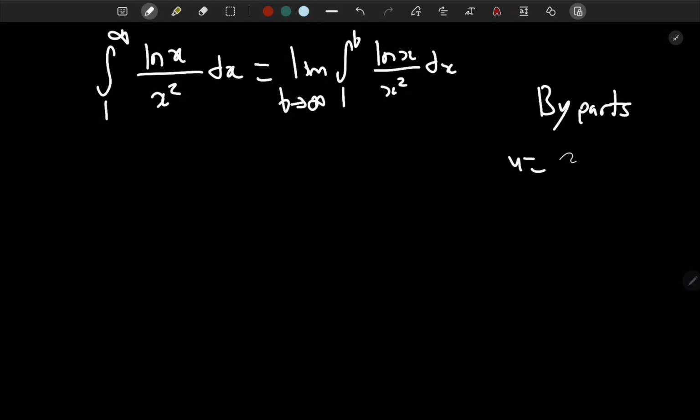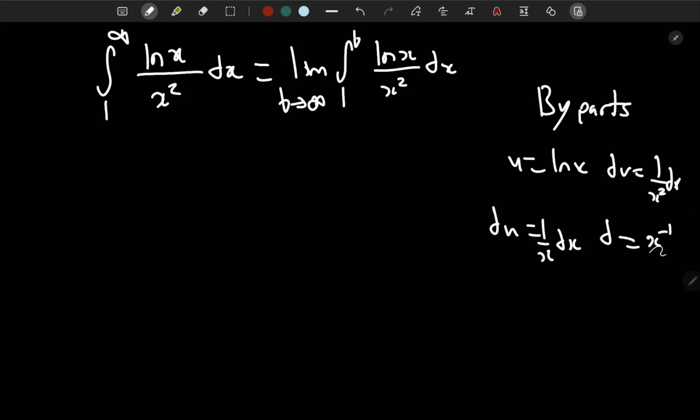So u here is going to be ln x, dv is going to be 1 over x squared dx, and du is going to be 1 over x dx, and v is going to be, integrating this side now, the integral of 1 over x squared. It is going to give us x to the minus 1 over minus 1, and we can replace this with minus 1 over x.